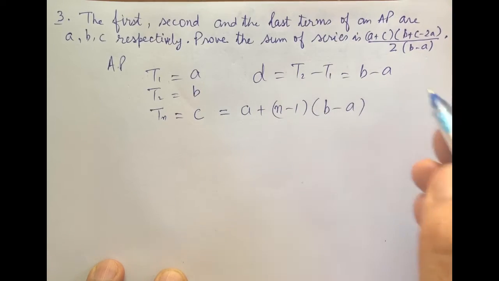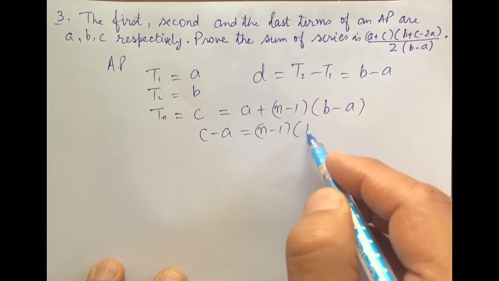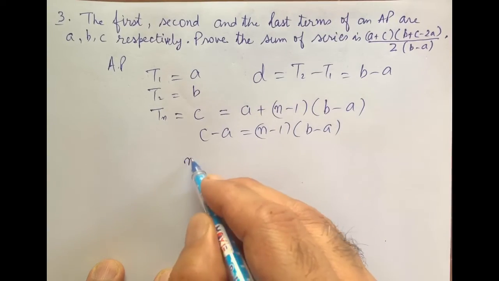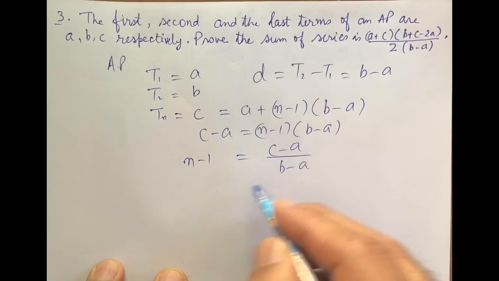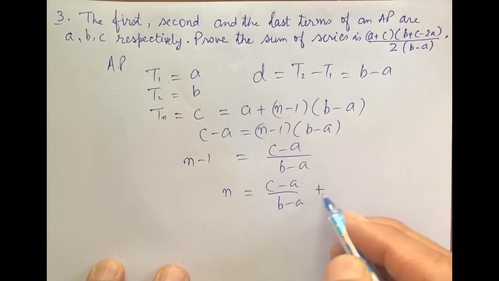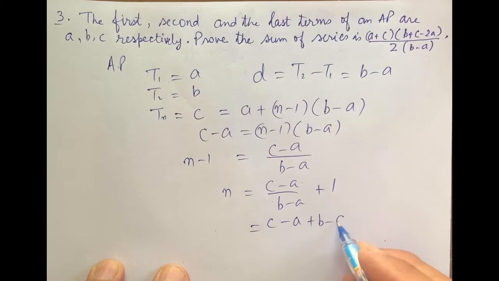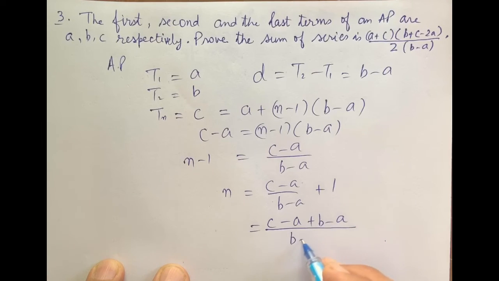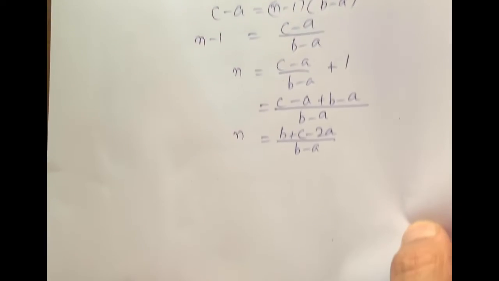C minus a is equal to (n minus 1) into (b minus a), or n minus 1 is (c minus a) upon (b minus a), or number of terms is (c minus a) plus (b minus a) upon (b minus a), or (b plus c minus 2a) upon (b minus a). This is the number of terms.